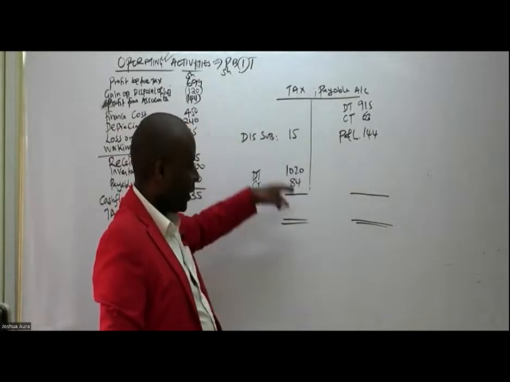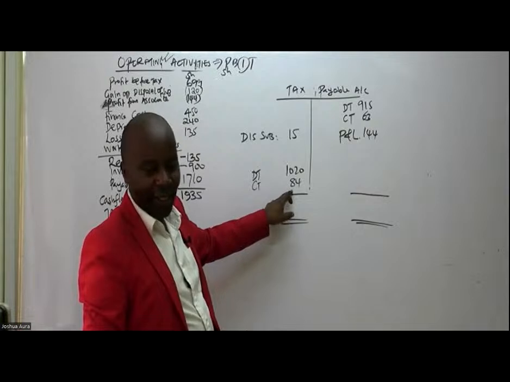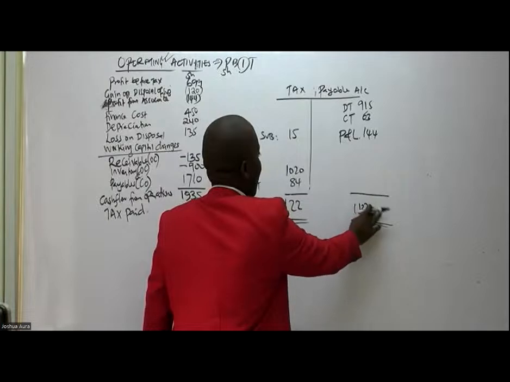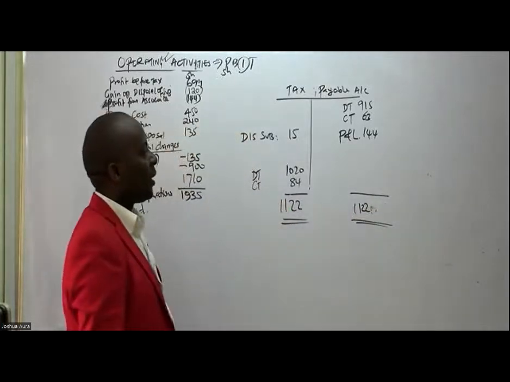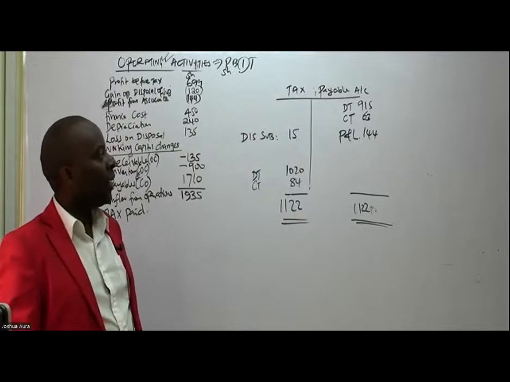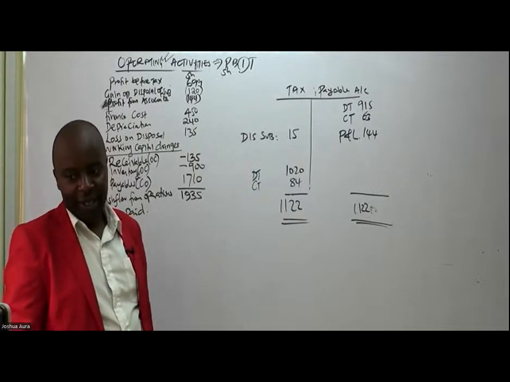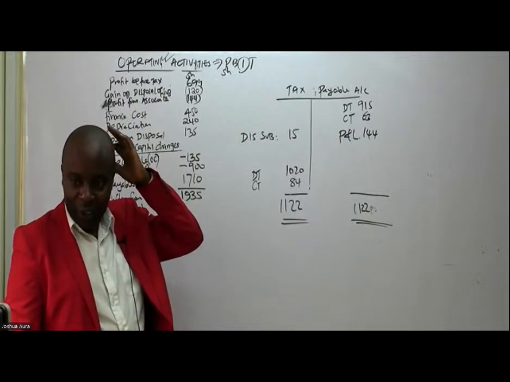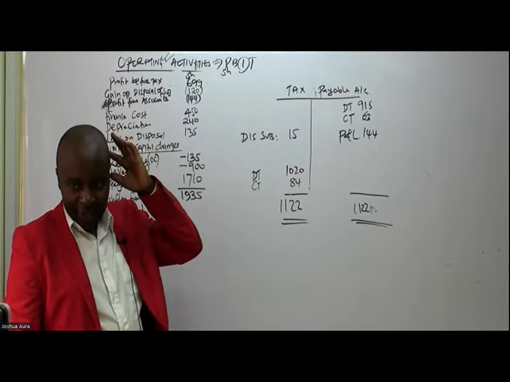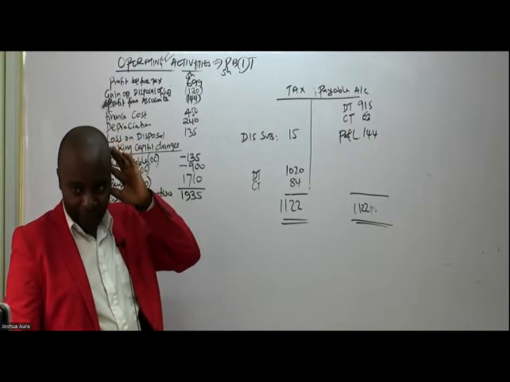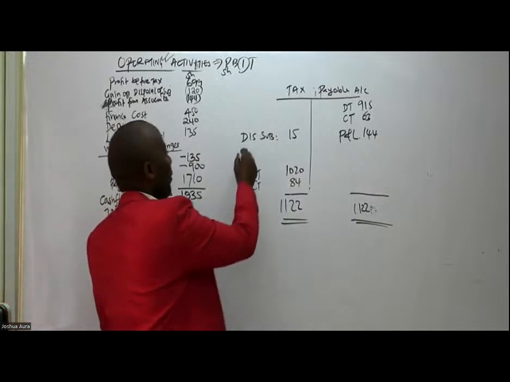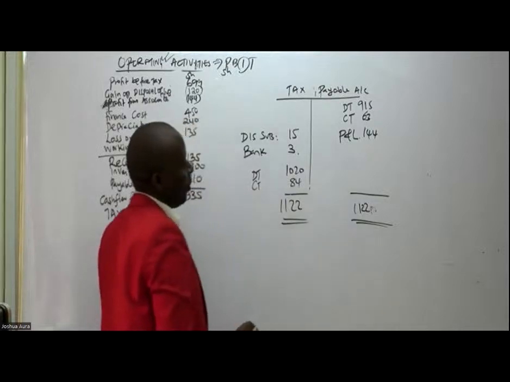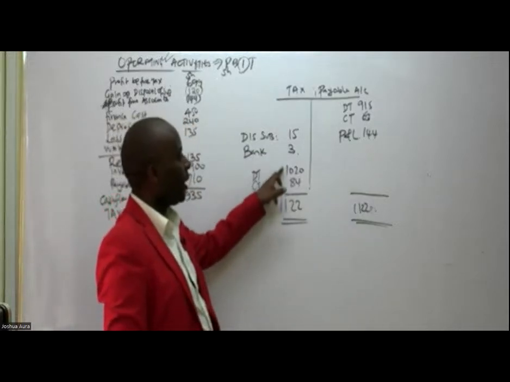So 1035 plus 84, I think this side will be bigger, right? 1122. Which side is bigger? Credit, eh? So we have a balancing figure here, bank. Bank will be 3, because we'll take 1122, 84, 1020, and then we have 15.